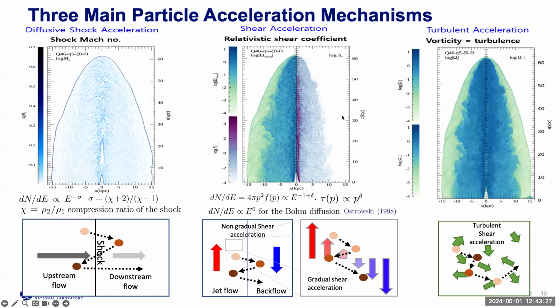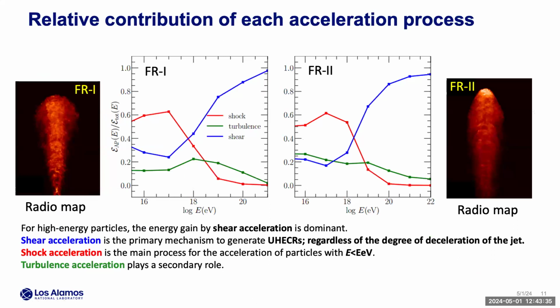So which process is the most dominant for generating ultra high energy cosmic rays? So the answer is here. This diagram is the relative contribution of each acceleration process. So for instance, for particles of energy 10 to the 16 electron volts, they generally gain energy through the shock acceleration.